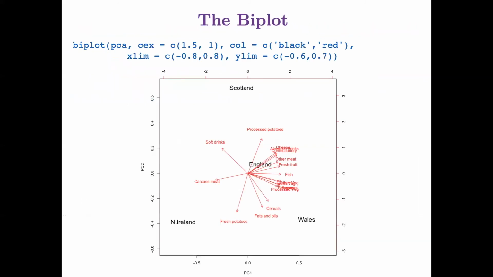But the really interesting conclusions will be drawn from the biplot here. So this is the projection of all of the original variables onto the same space that the observations are projected onto. And so from this, you can understand the relationships between the location on this plot and the original variables.